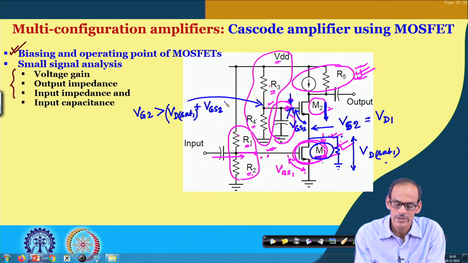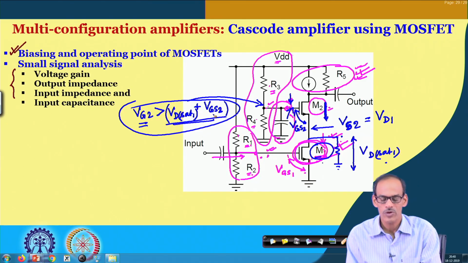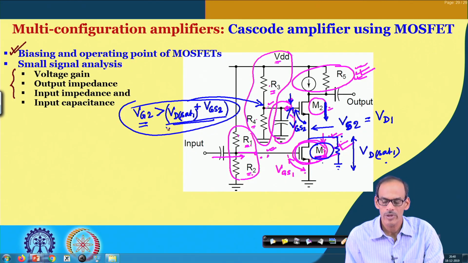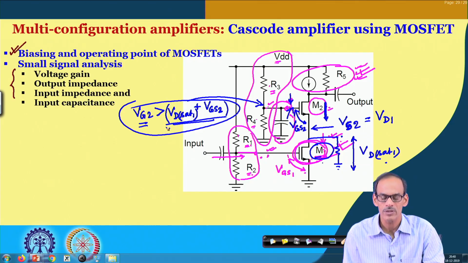As long as this gate voltage is higher than this limit, we do not have any problem. It may not be very difficult to satisfy this condition, but unless you pay attention you may miss this important information, and that may force the transistor, particularly this transistor, into the triode region.